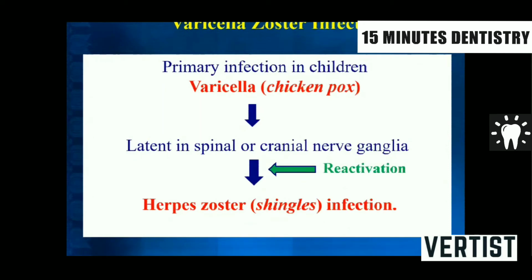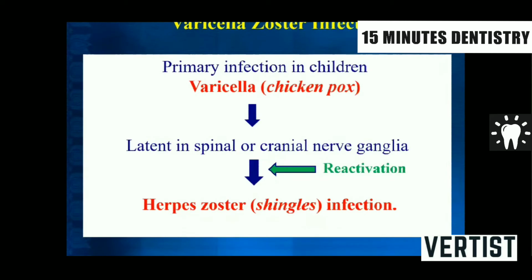Now what happens, these viruses have an affinity for the neural ganglion. So once the remission of that episode happens, like terrorists, they just go and get latent in spinal or cranial nerve ganglia and sit there comfortably. Whenever there's a reactivation, it could be because of different triggers, for example fever or an immunocompromised state.